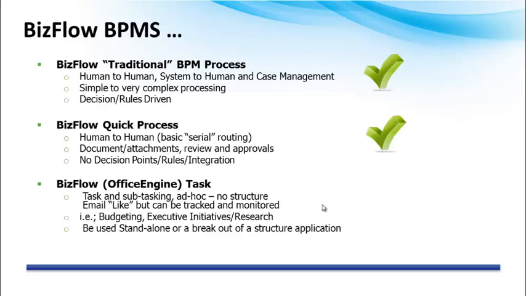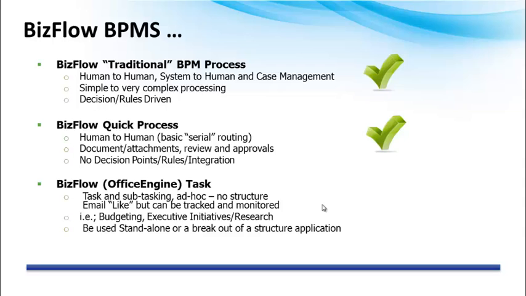And we also saw that BizFlow has a unique capability called Quick Process, and that allows a business user or business analyst to create more simplistic processes that can support serial routing and general review and approval types of processes without really the need for the heavy lifting of a more traditional BPM implementation.